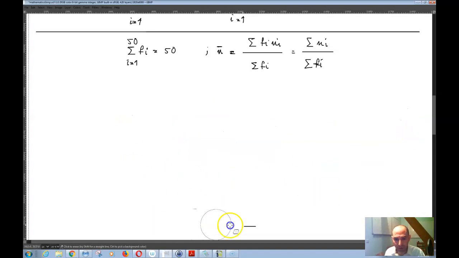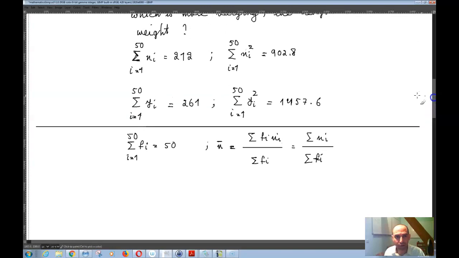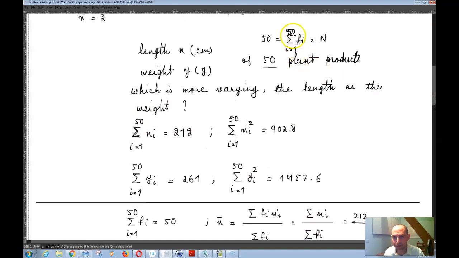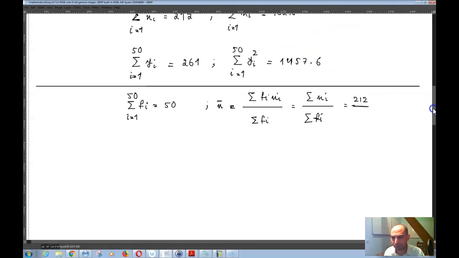So then if you have sigma x of i divided by sigma f of i, you know that sigma x of i, as i goes from 1 to 50, is 212. And sigma f of i is up here, which is equal to 50.